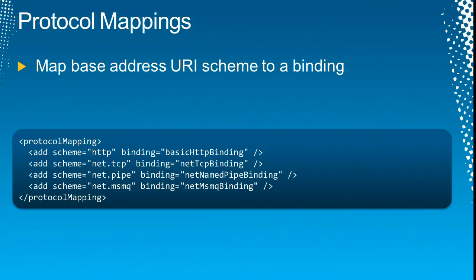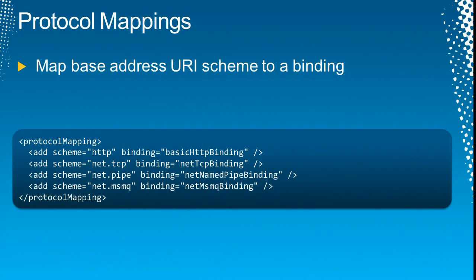The protocol mapping maps from the URI schemes of your base addresses to a WCF binding. And by default, WCF will give you 4 that just out of the box will be there. For HTTP endpoints, you will get an endpoint that uses the basic HTTP binding.